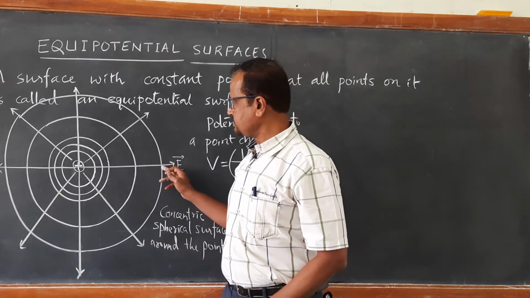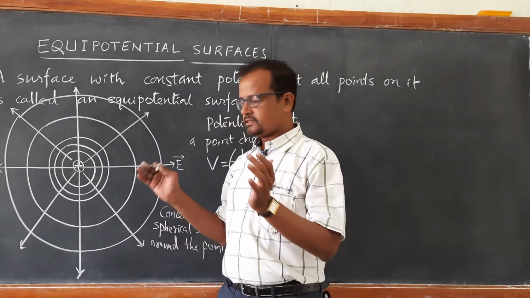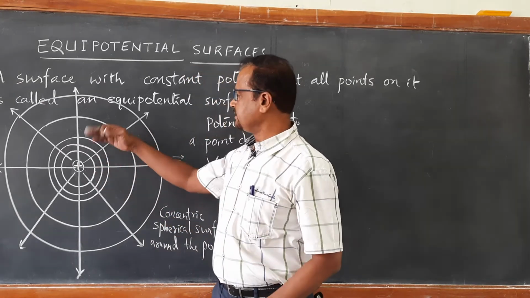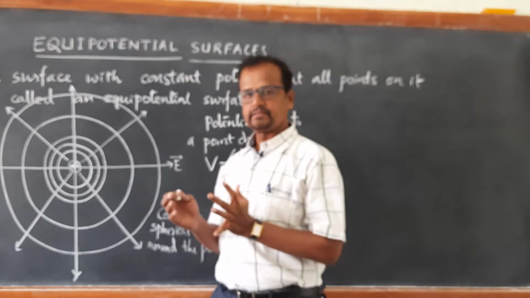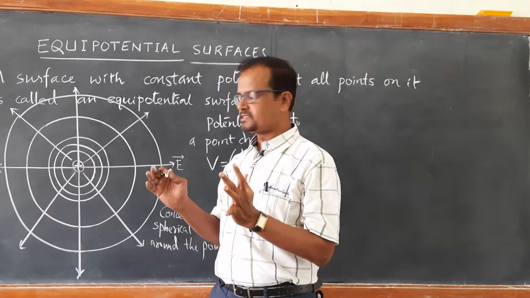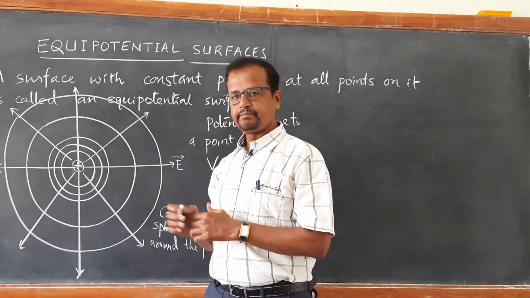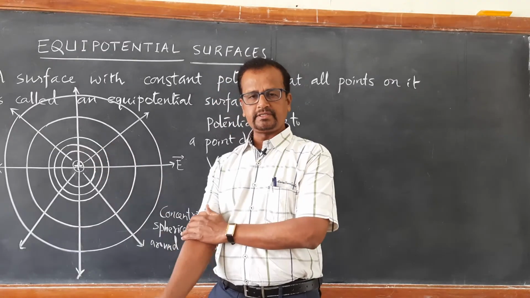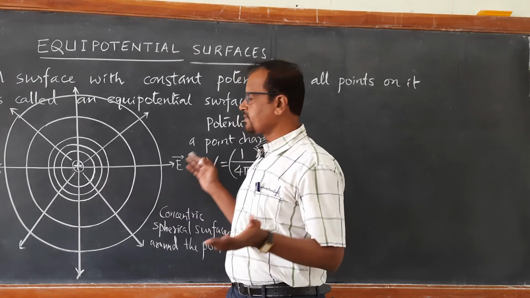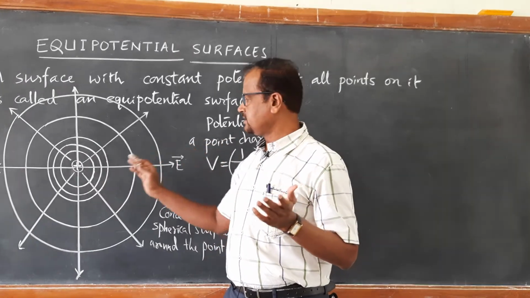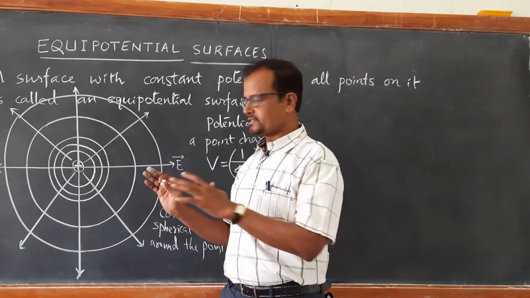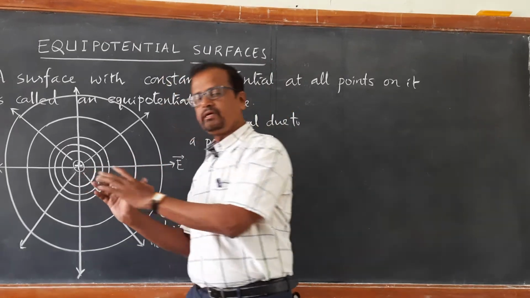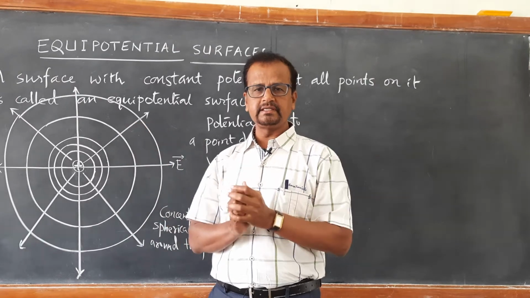And you see, as you are approaching the charge, the concentration of these potential surfaces, the density of these surfaces, is increasing, meaning they are lying closer and closer as you approach the point charge. As you go away from the point charge, the distance of separation between the potential surfaces is increasing.